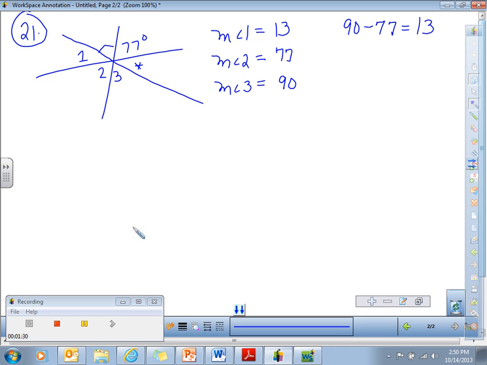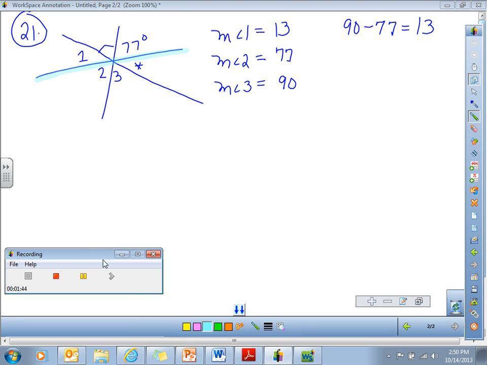Or you could think about this as a straight line here. Let me find my highlighter. Can't really see that, but let's pick a new color. Yellow. Okay, there's your straight line. So angle 1 plus 90 plus 77 will be equal to what?